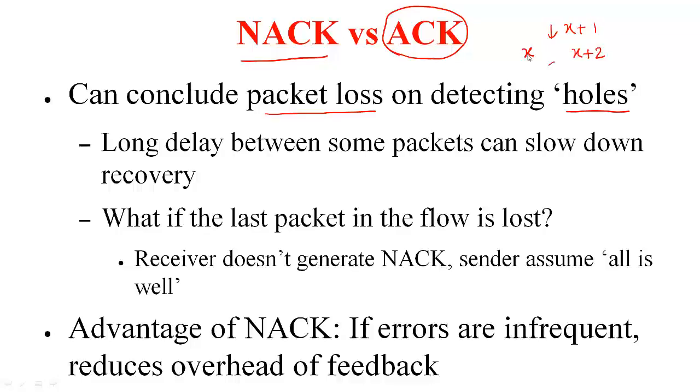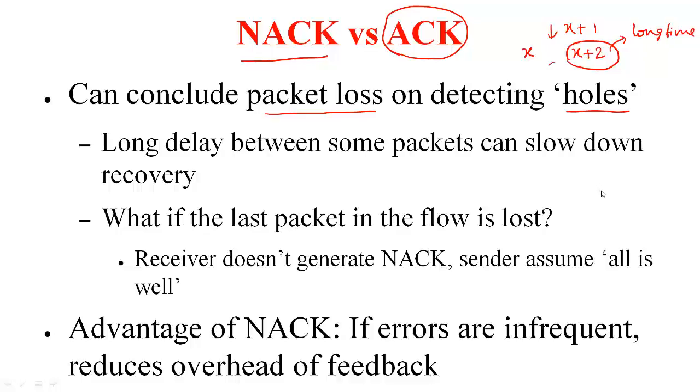Now it is possible that some packet gets sent, and the next packet, this X plus 2 packet, gets sent after a really long time after X. In which case, if this packet X plus 1 were to be lost, you are not going to recover it, and that's not a good thing to do. And there is another fundamental problem. What if the last packet of the flow itself is lost?